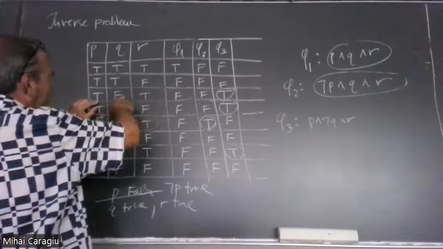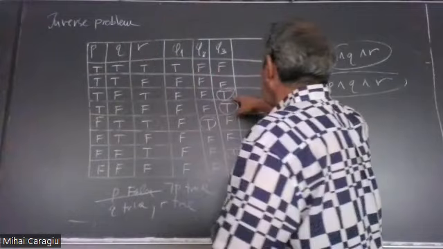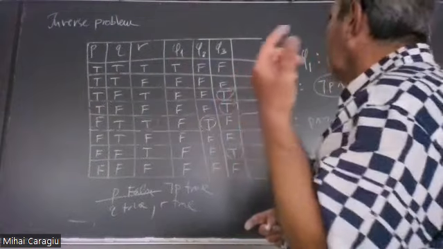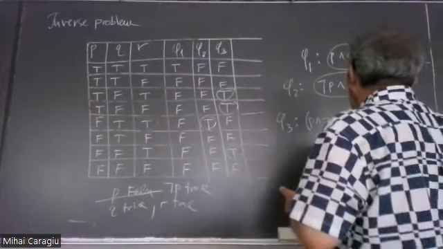Now the T is either in row number 3 or row number 4 or row number 7. What's the connective between those phrases? Or. So P and non-Q and R in parentheses, or what else?